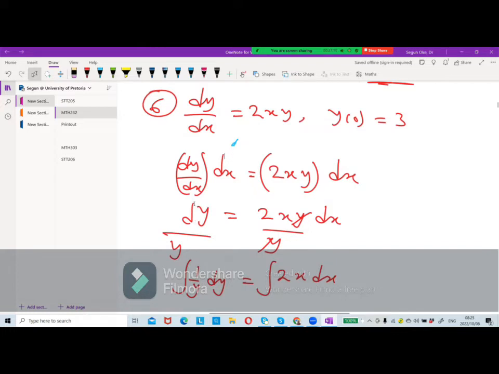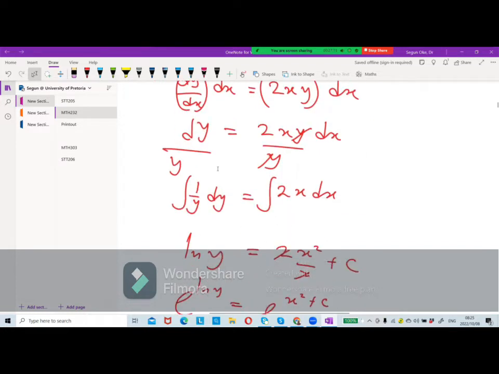So the y goes to the other side, and by the time you divide both sides by y, you have this. Now we already did what we call separable variable, which we will not go into again since we are moving to the new topic. So we integrate both sides.